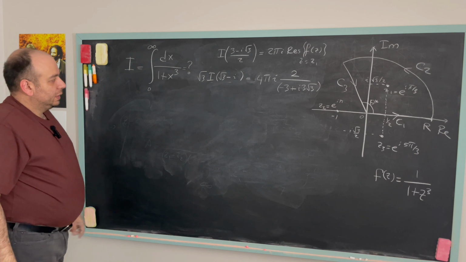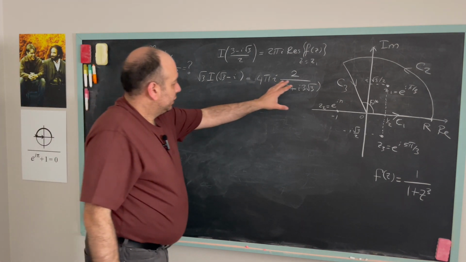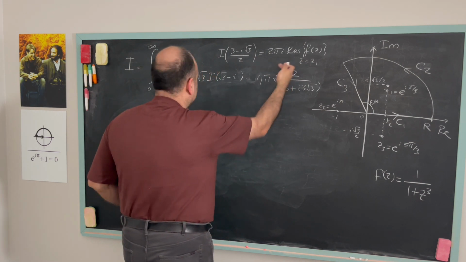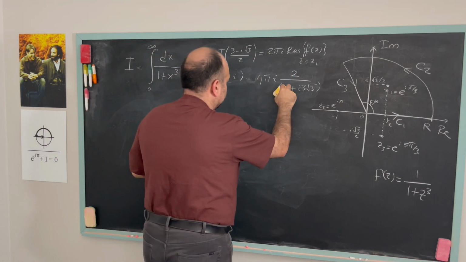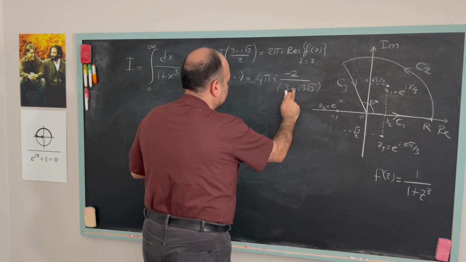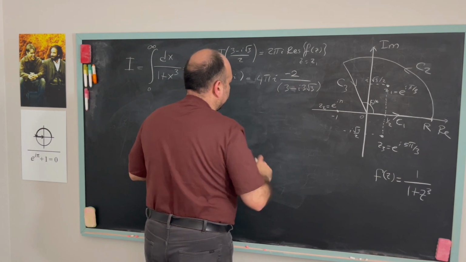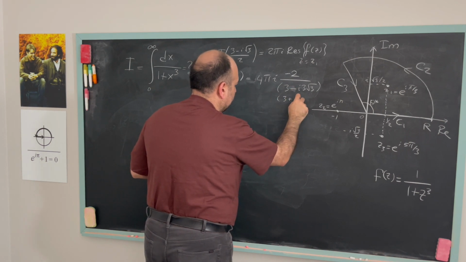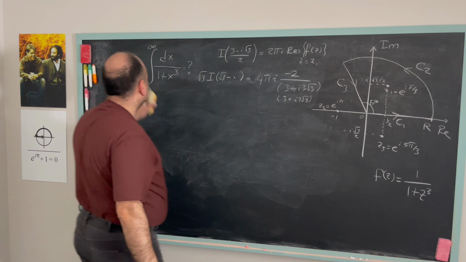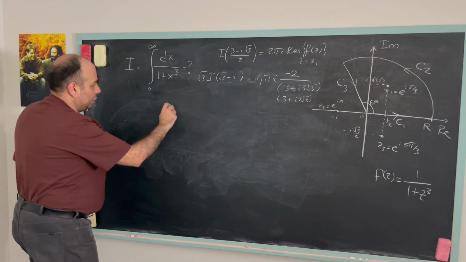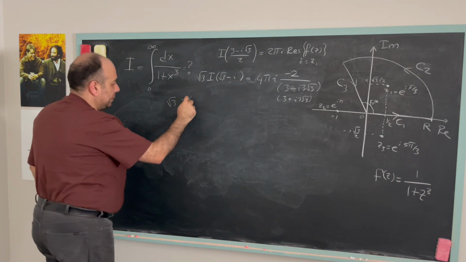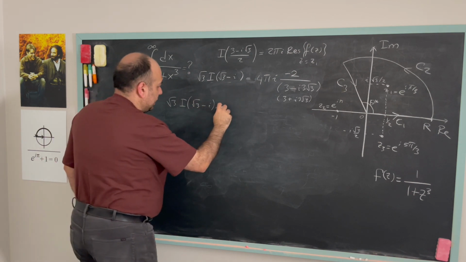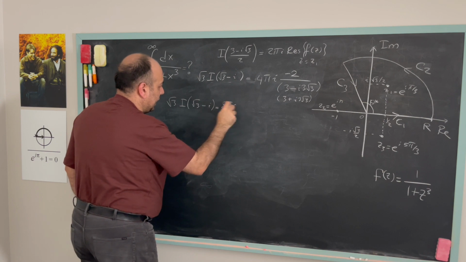On the right hand side, what I want to do is take this minus upstairs, get rid of this minus here. It's going to be minus here, and it's going to be minus here. And the next step is to multiply this with 3 plus i 3 square root of 3. So what I have in the end is square root of 3 i square root of 3 minus i is equal to, let's say, 8 pi i.